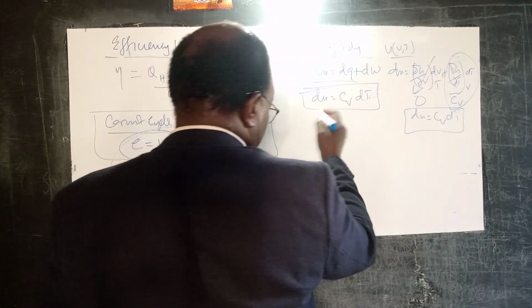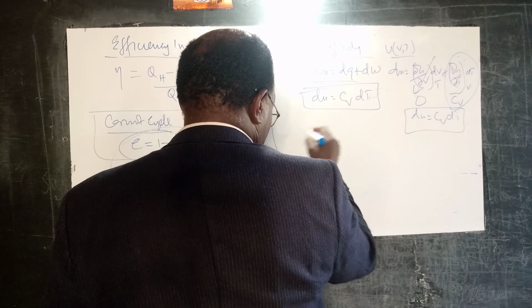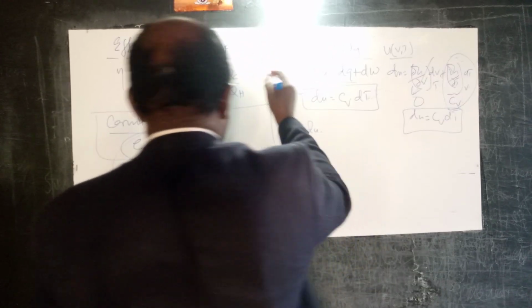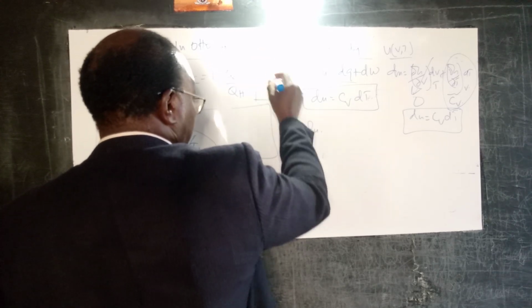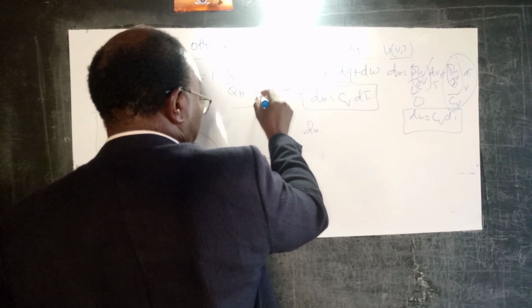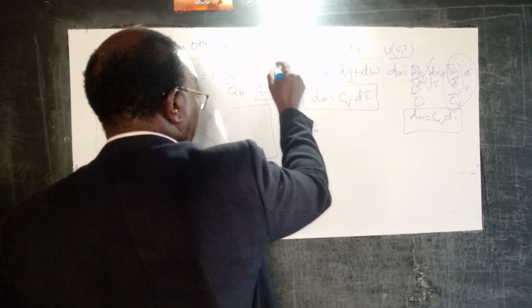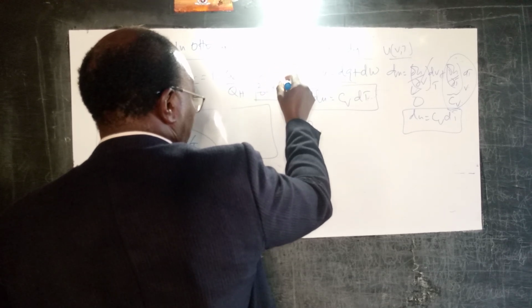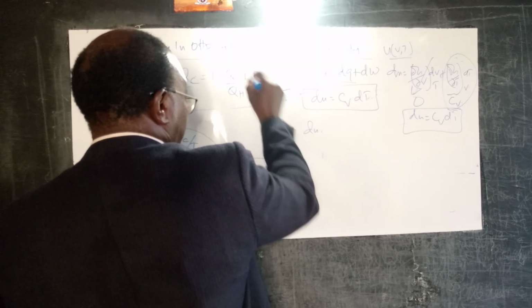Therefore, dU in general, for our system, remember, we have 0 to 1, 2, 3, 4. Let's do it quickly. That is pressure, volume.